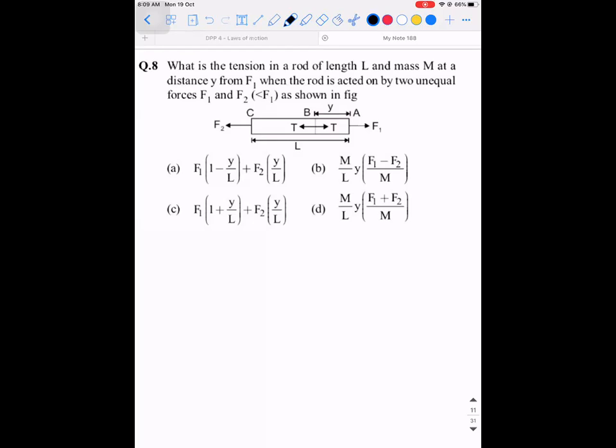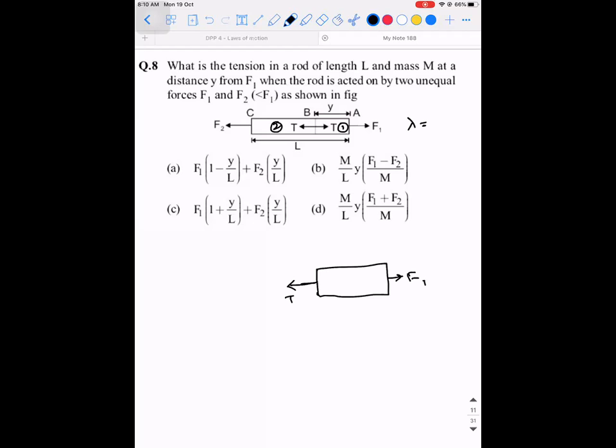Now, you can ask me how to think. I've already given you the idea. Wherever you have a rope with mass, break it into systems like the blocks are connected together. So if I draw a free body diagram, I'm coming from left to right. I'm taking the left one as first and the right one as second because F1 is greater than F2. That is the only logic, nothing else. If I take this as F1, and this is T, then what is the linear mass density of the system?